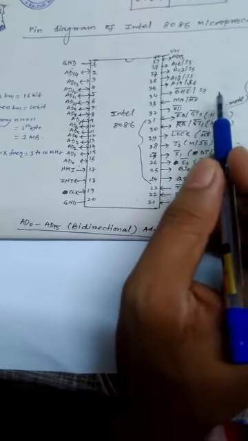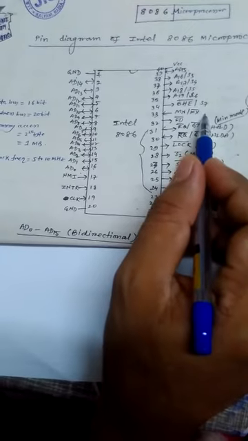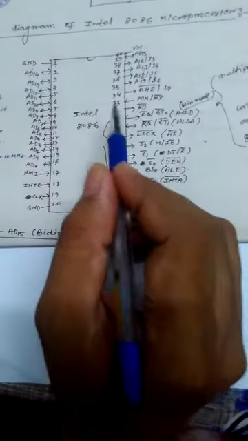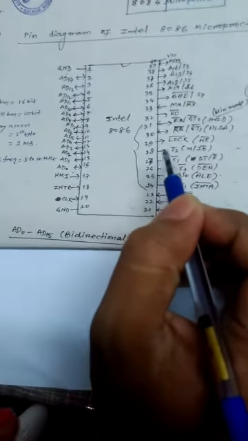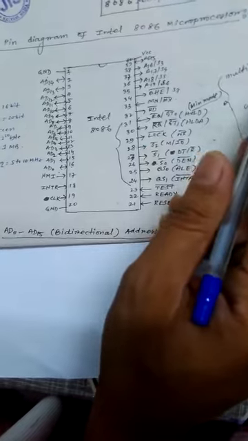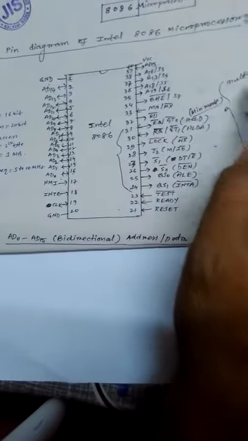In minimum mode the 8086 is used as a single processor, and when it is 0, in maximum mode, the 8086 processor is used as a multiprocessor.